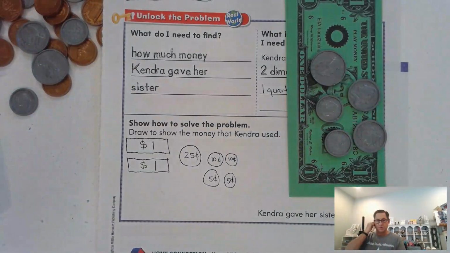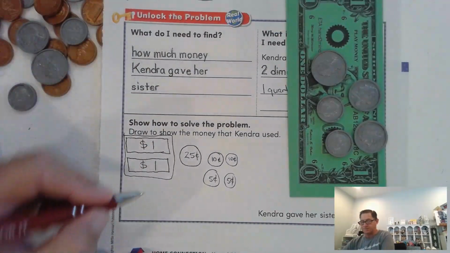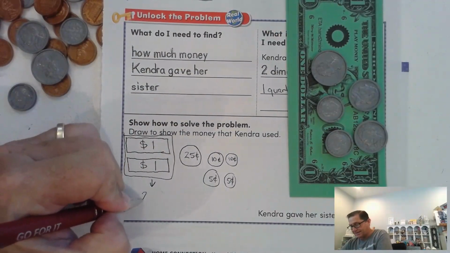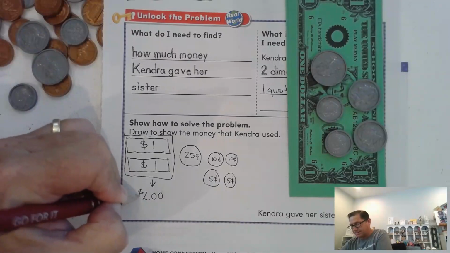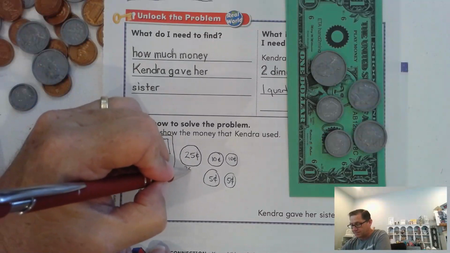Here I would combine both of those dollars and say that is $2. And then I would count the coins.